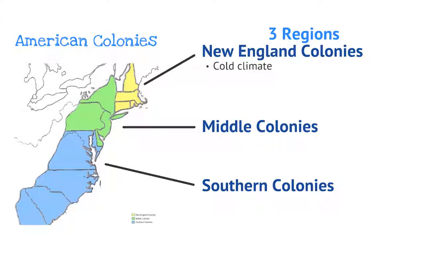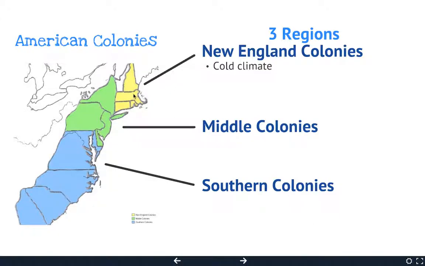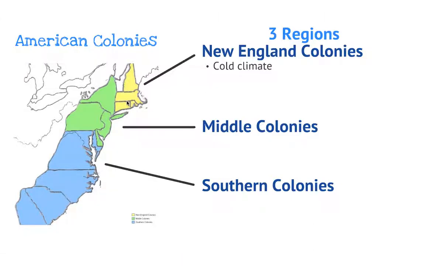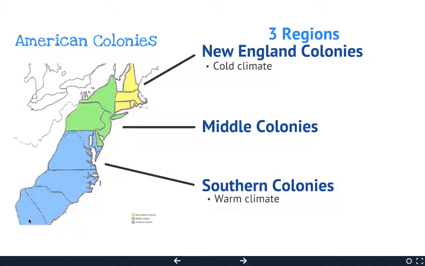Their winters would start with snow in perhaps September, and the snow could last as far as into April or May. While it's so cold up here in New England, they didn't really have any good warm days, and that's going to impact what they can do for money, versus in the South.